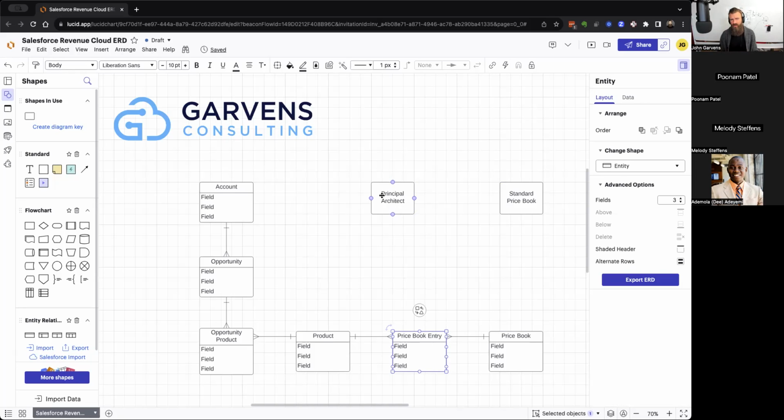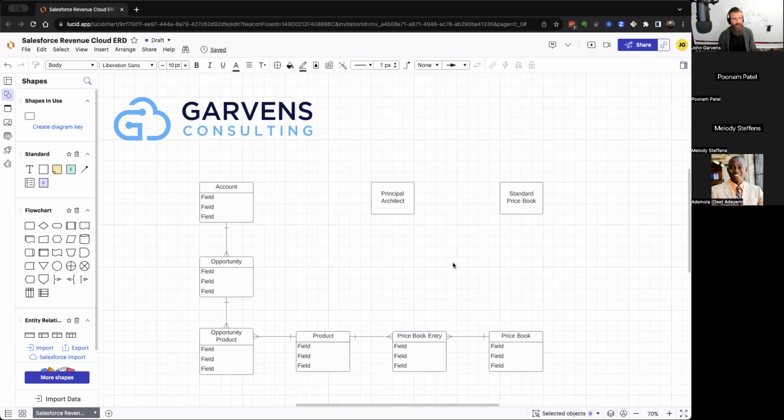Are you really going to create 120 currency fields on the product record? I've seen it done, maybe not to that extent, but I've seen it done where simply because someone didn't know that price book entries existed or didn't know how to use them, they created dozens of currency fields on the product record and used those instead. And long story short, it creates problems. And that's why I have a job.